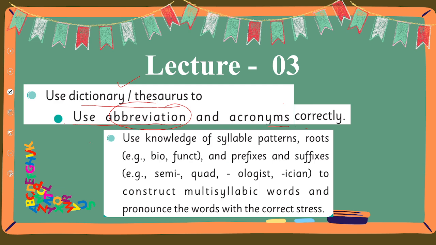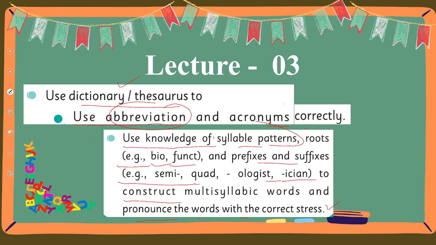In the next students' learning outcome, we will use knowledge of syllable patterns, roots, for example, bio, func, these are roots, and prefixes and suffixes, semi, quad, ologist, or ation, to construct multi-syllabic words and pronounce the words with correct stress. So students, we are well aware that a syllable is the unit of sound of a word.